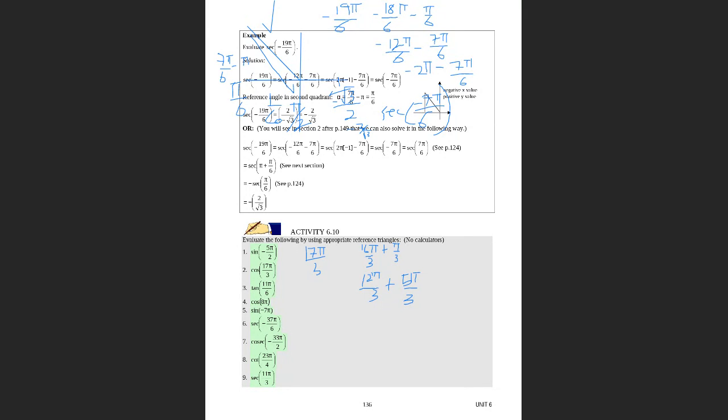We can get 3 divided by 12. We can get 4 pi. You see, 4 pi plus 5 pi over 3.